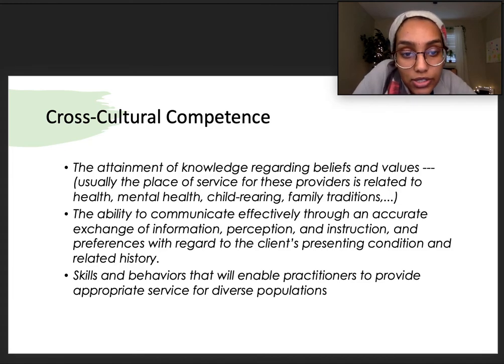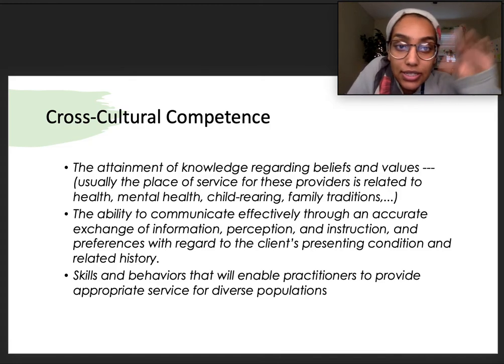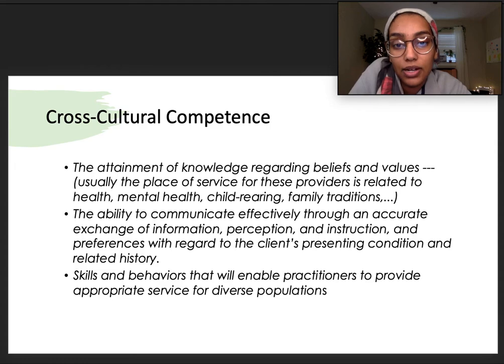So you need that knowledge, and it's important to have accurate information. And then skills and behavior that will enable the practitioner to provide appropriate services for diverse populations. Does the service provider, whether a social services practitioner, agency, etc., know how to navigate and help and serve people that come from different cultures? That's important. So awareness, knowledge, and skill.